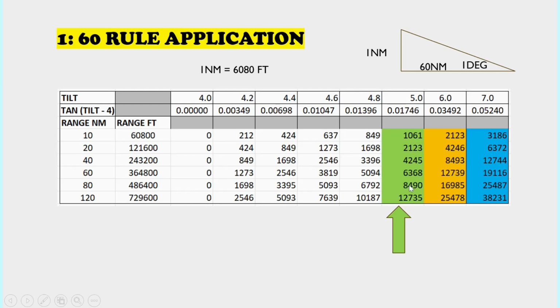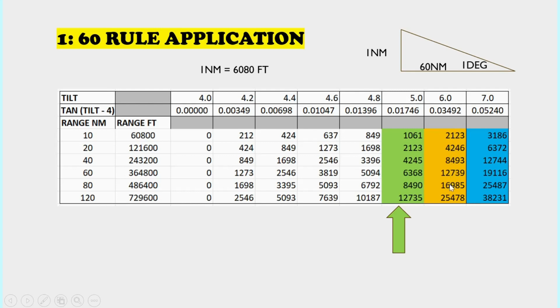So now let's say you tilted 6 degrees up. 6 degrees will mean how many degrees off track? Exactly 2 degrees. So for 2 degrees, you multiply this whole thing approximately by 2. This will become 2,000, 4,000, 8,000, 12,000, 16,000, and around 25,000, 24,000. Can you see what's happening?